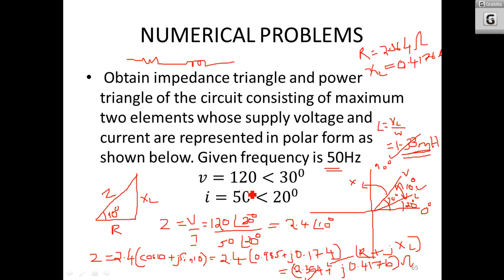So this session was entirely about, if voltage and current is given, how to find the impedance, how to find the impedance in rectangular form, and hence find the value of resistance, inductance or capacitance, whatever it is.